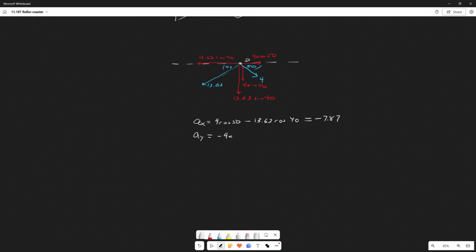I have negative 4 sine of 50 minus 13.63 sine of 40. And when I work this out, I get negative 11.83. So my acceleration vector will be negative 7.87 i hat, the unit vector in the x direction, minus 11.83 j hat, that is the unit vector in the y direction.